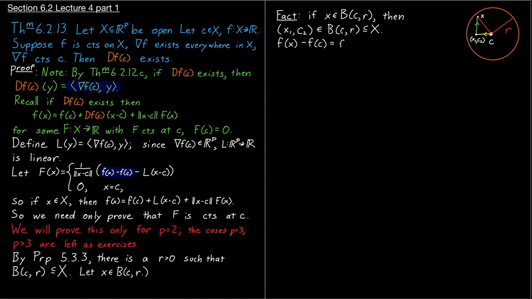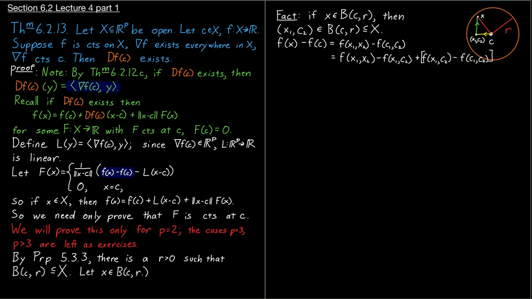We can write this as f of x1, x2 minus f of c1, c2. And then you can write this as f of x1, x2 minus f of x1, c2 plus f of x1, c2 minus f of c1, c2.